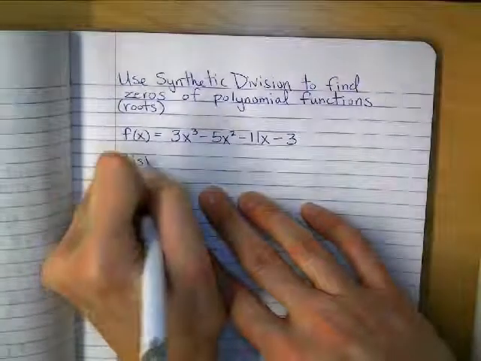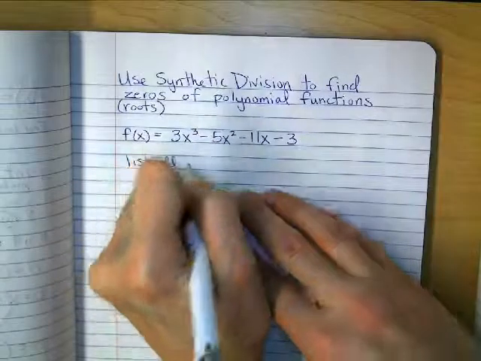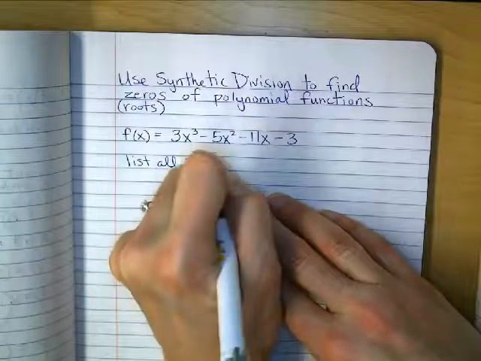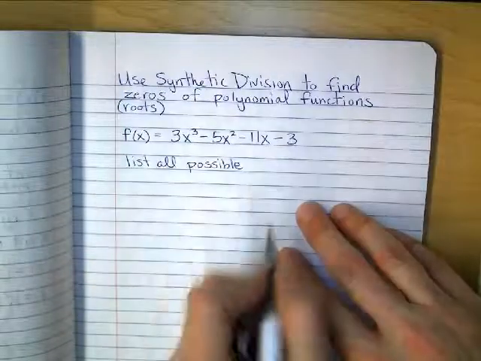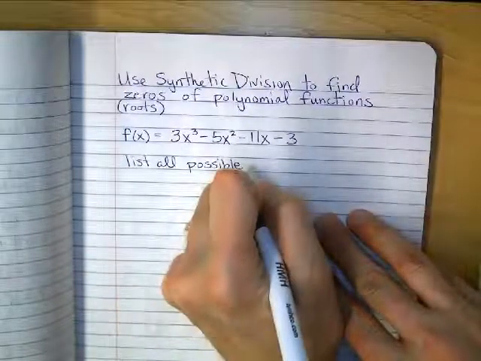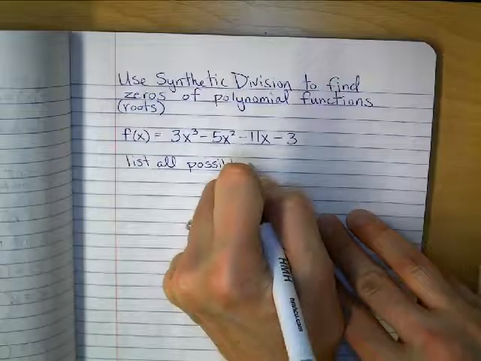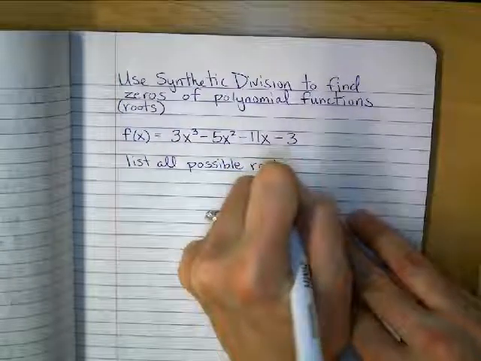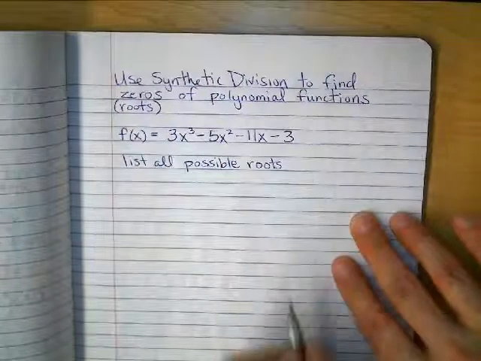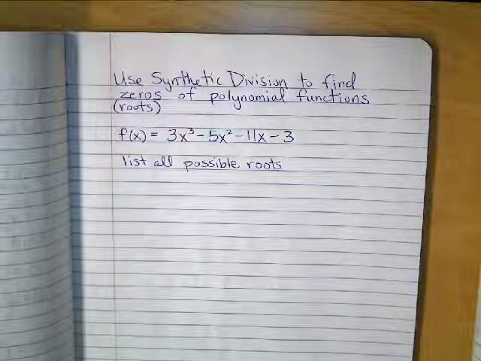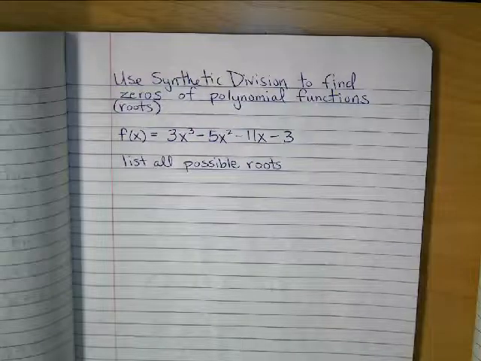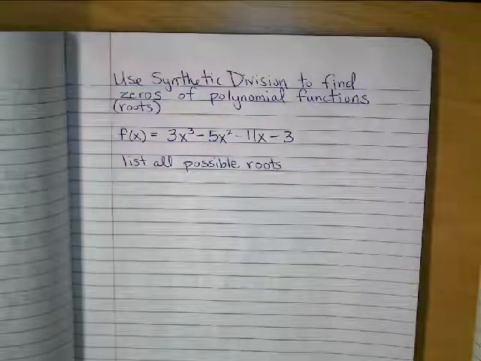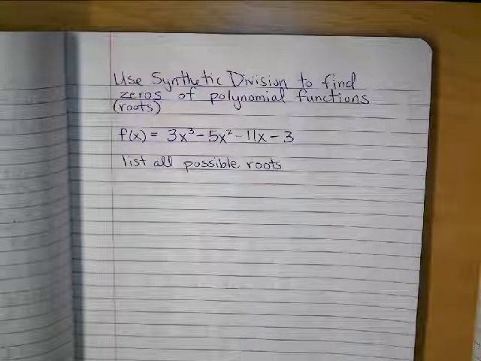So first it'll say list all possible factors or all possible roots.